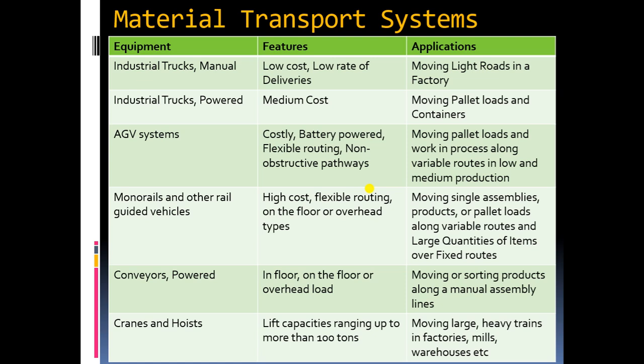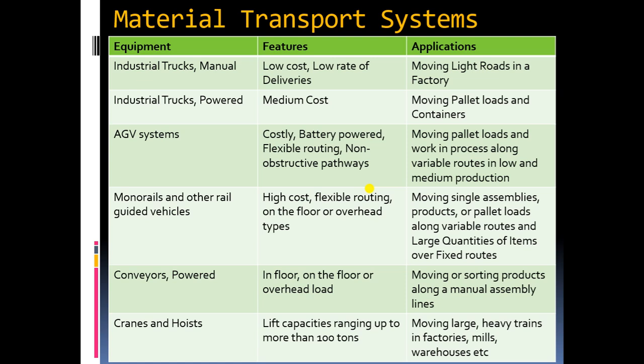That means the systems that are used to transfer the material. It can be manually controlled or automatically controlled. Based on the purpose, need, requirement of the plant, and the conditions in the plant, the different transport systems are chosen.